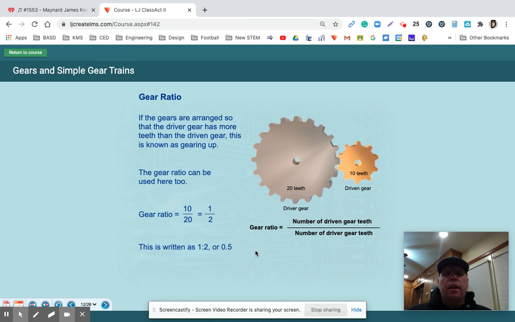And then this is written as 1 over 2 or, I'm sorry, ratio 1 to 2 or 0.5. The driven gear rotates twice for every rotation of the driver gear. So for every time the driver gear rotates, the driven gear will rotate twice. And that makes sense because this has 10 fewer teeth than this driver gear.